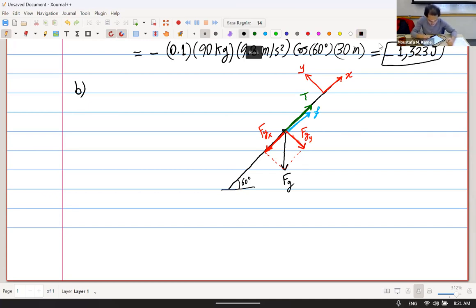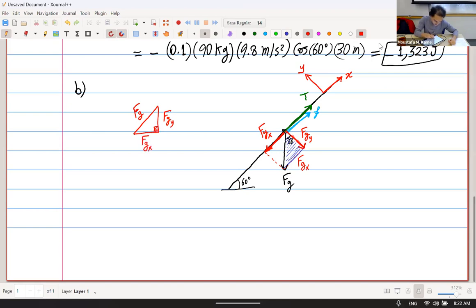And if this angle is 60 degrees, then this angle is 60 degrees as well. Okay. So we can use this triangle. This side is Fgx as well. It's the same as the side above. So if we isolated this triangle here like this, we have the hypotenuse as the magnitude of the force, Fg, and this side is Fgy, this side is Fgx.